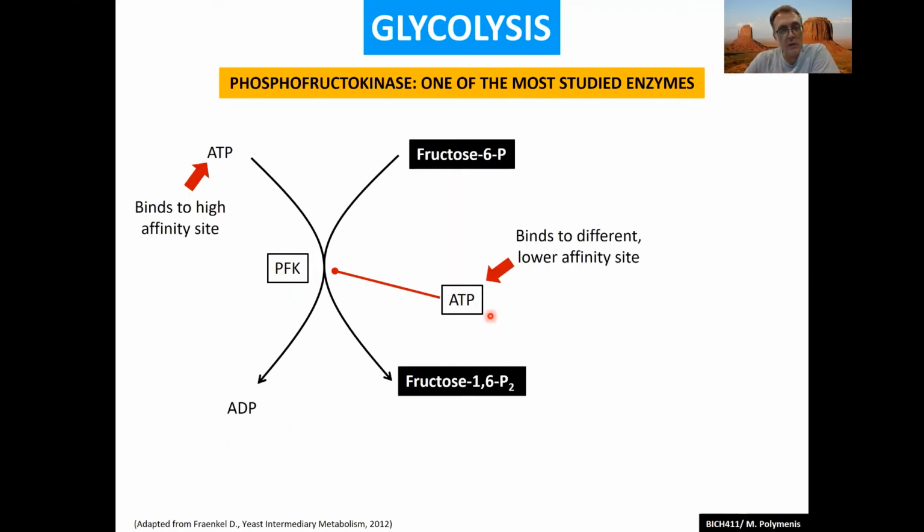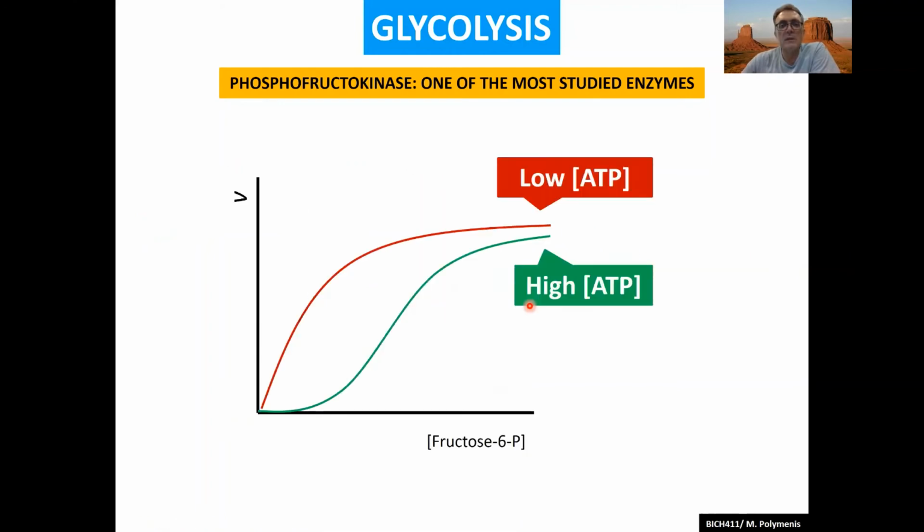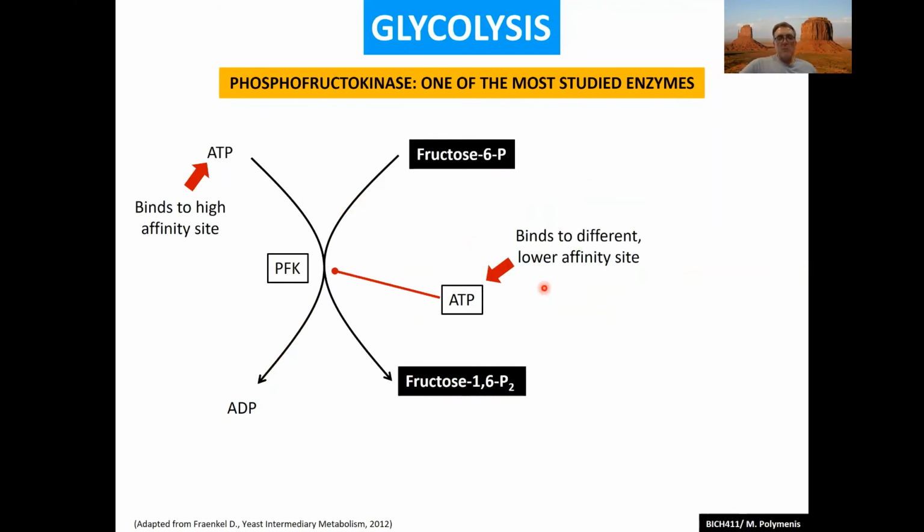It has a lower affinity. So that ATP binds to a low affinity site somewhere in the protein, not the active site, and that binding affects the catalytic activity of PFK, using the other ATP molecule.